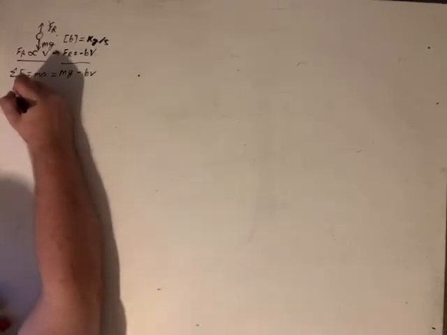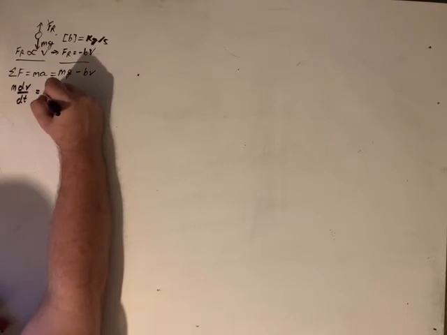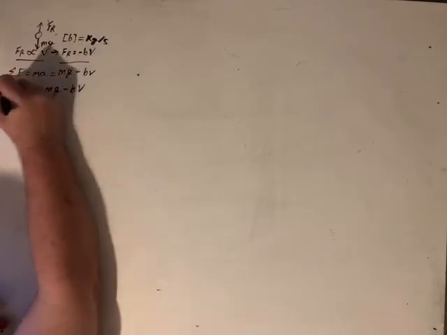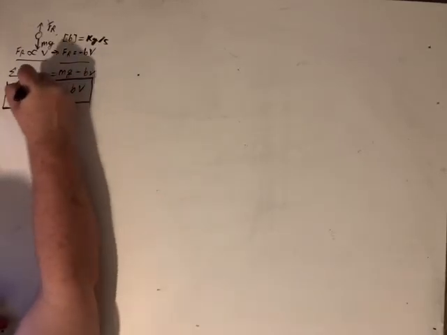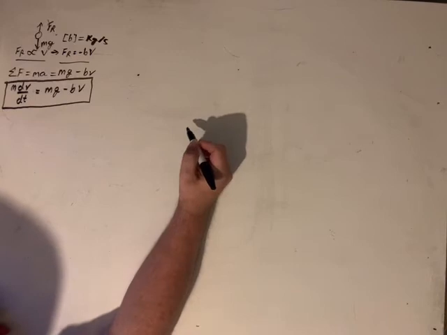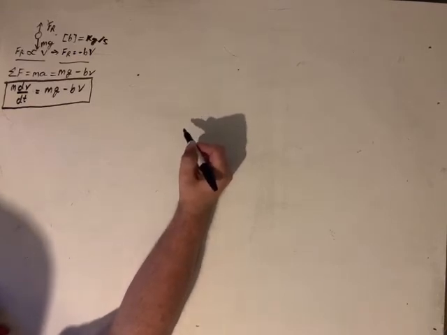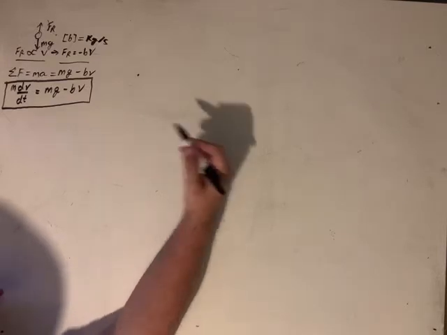So ma becomes m dv over dt, and that equals mg minus bv. And essentially, the physics portion is done there, and now we have a mathematical exercise. So let's see if we can go through the math here and come up with an equation v as a function of time equals some equation.